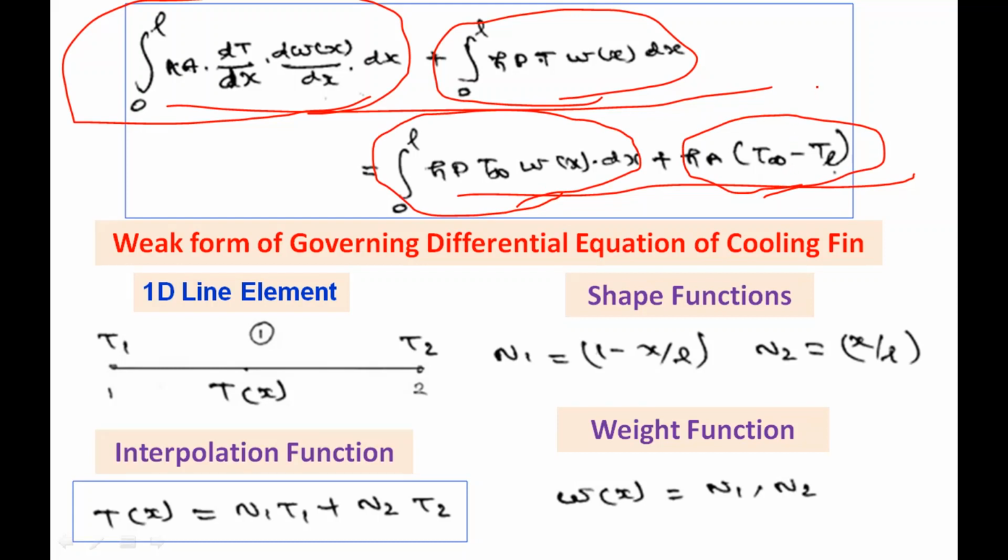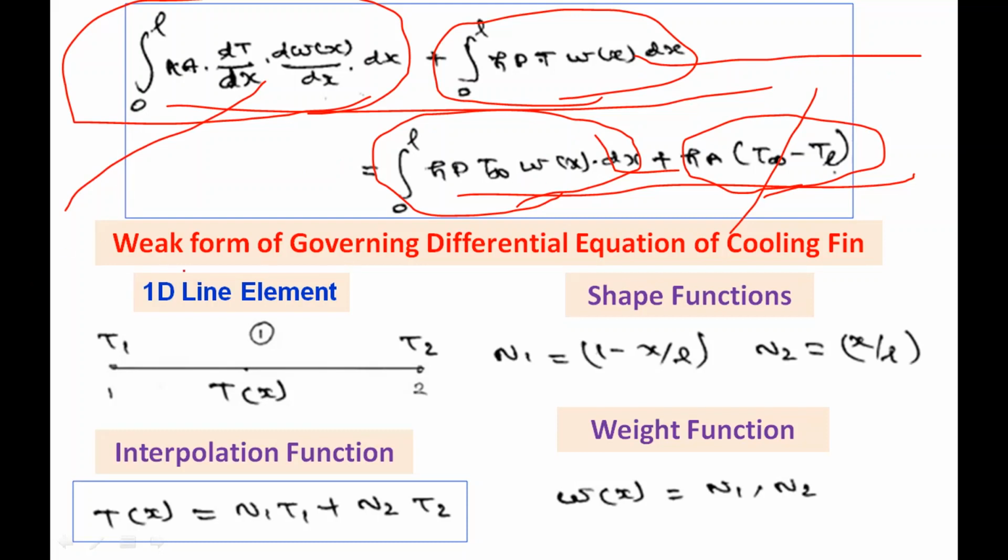If the end is not free, this term will not come. This is thermal load due to convection from surface. Okay. Now this part is going to give the stiffness matrix for conduction. This term is going to give stiffness matrix for convection. This term is going to give thermal load.